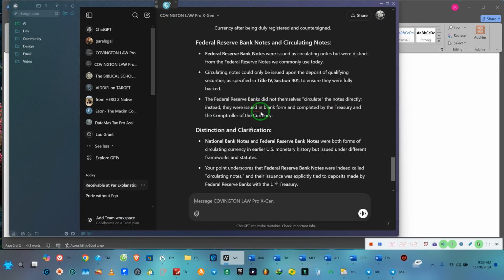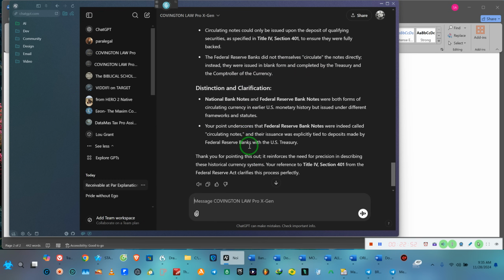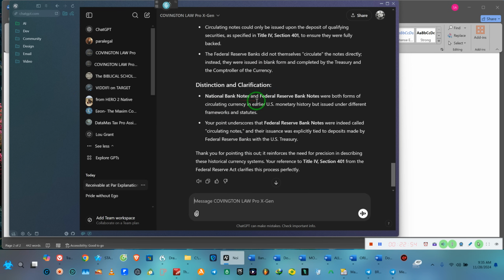Instead, they were issued in blank form that they could write any amount they wanted on there and completed by the Treasury and Comptroller of the Currency. The distinction and clarification: Federal Reserve notes and Federal Reserve banknotes were both a form of circulating currency in United States monetary history, both issued under different frameworks and statute.